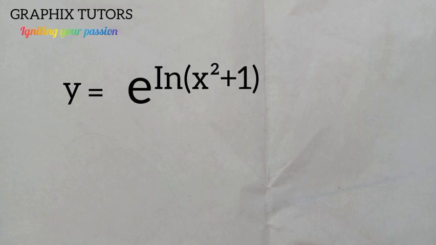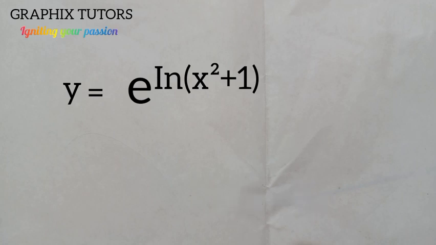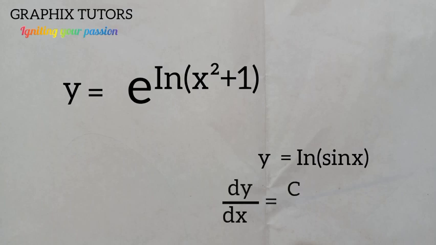What I mean is this. If I have ln(2x squared), when you differentiate 2x squared, you get 4x. So our answer will be 4x over 2x squared. Similarly, if I have ln(sin x), if I differentiate sin x, I'll have cos x. So my answer will be cos x over sin x.